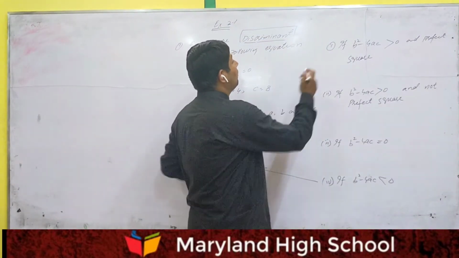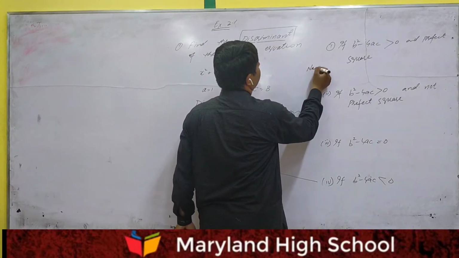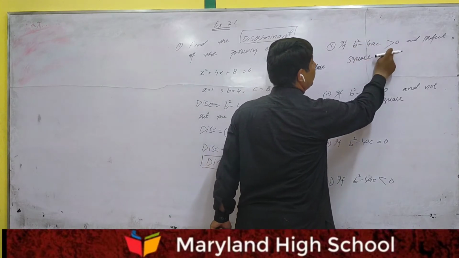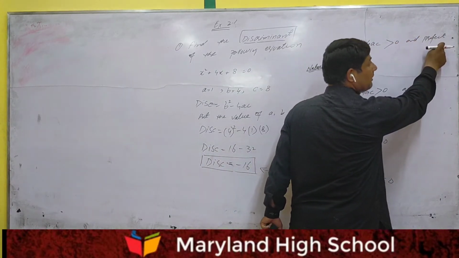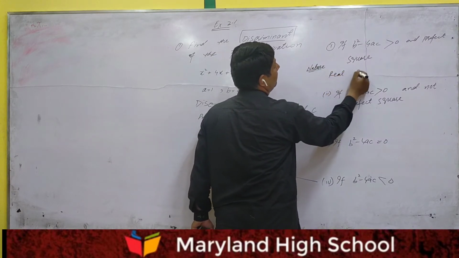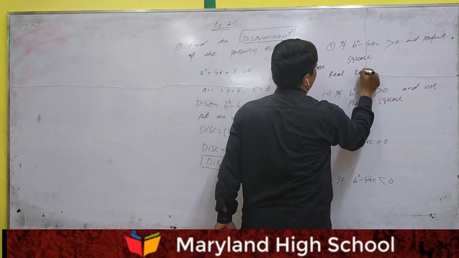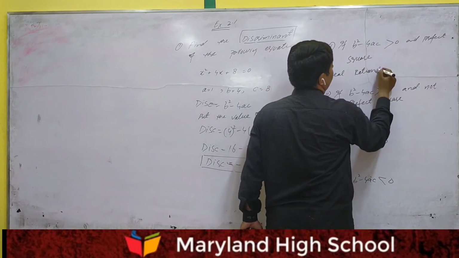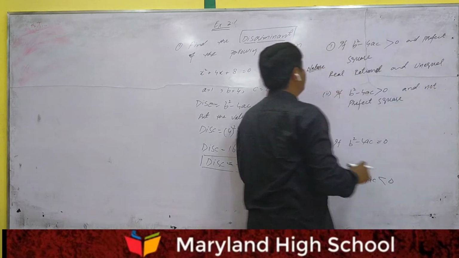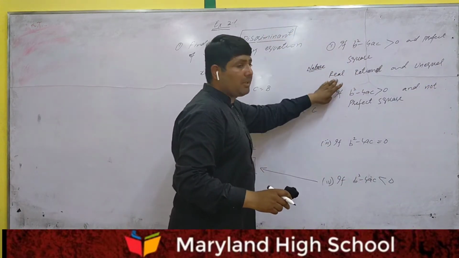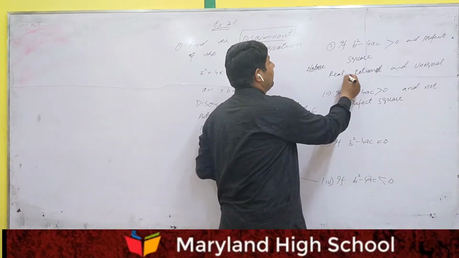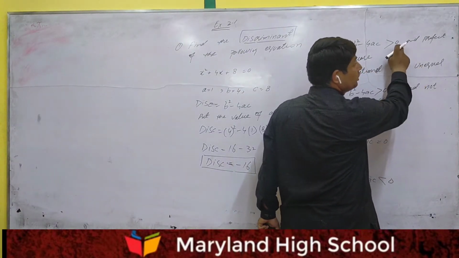In the first rule, if b square minus 4ac is greater than 0 and perfect square, then the nature of the equation is real, rational, and unequal. Real means real number, rational means not an irrational number, and unequal means not equal to 0.